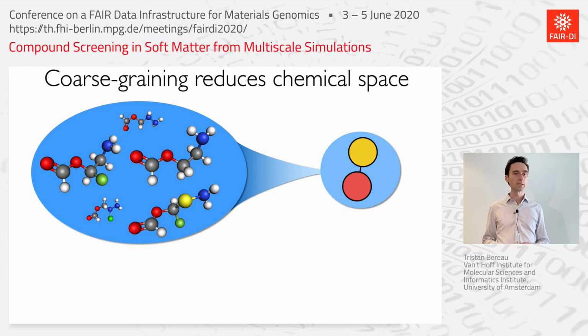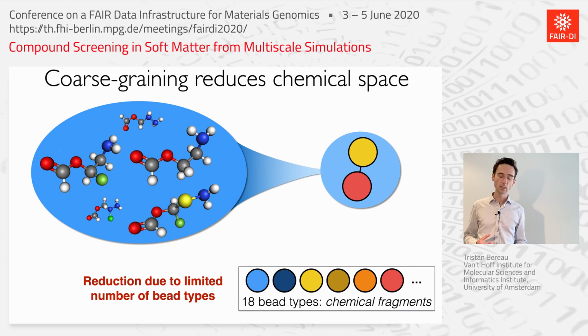And one aspect we're benefiting from and really trying to leverage is the fact that in this context, coarse graining reduces the size of chemical space. In the sense that all molecules that are thermodynamically and structurally similar are mapped to the same coarse-grain representation. And that's due to the nature of this coarse-grain model.